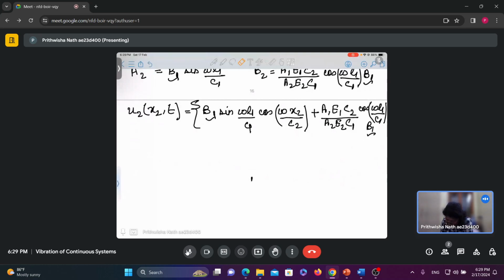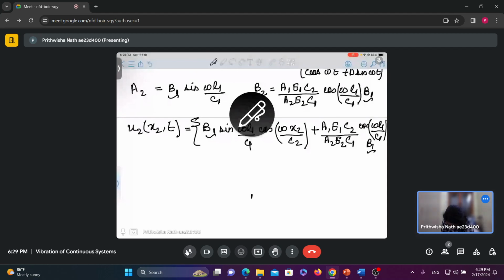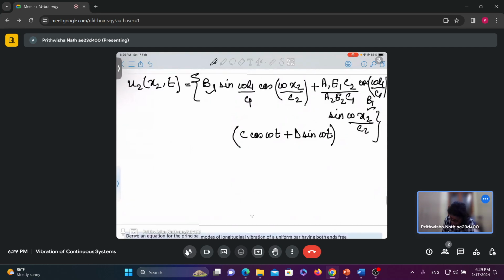B1 tilde into sin of omega x2 by C2, and then whole multiplied by (C cos omega t plus D sin omega t).